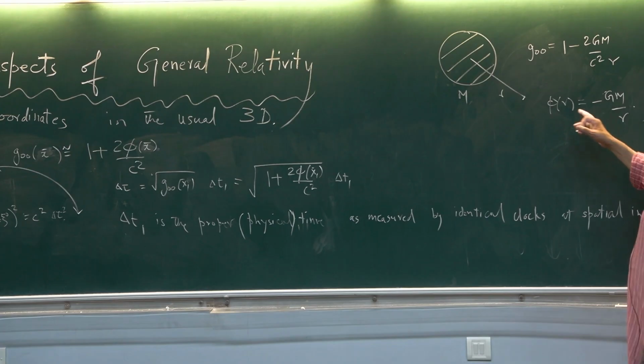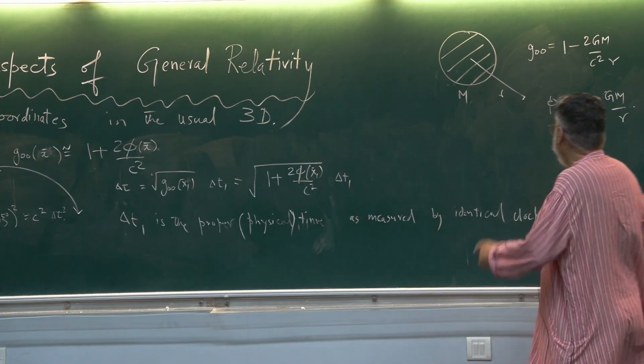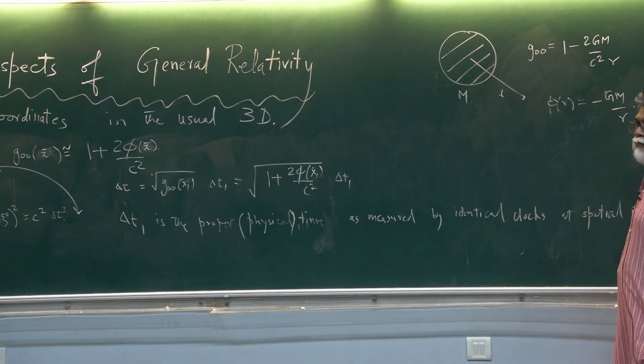That I argued, because this x1 could have been anything, and for x1 tending to infinity, phi is 0. Okay?